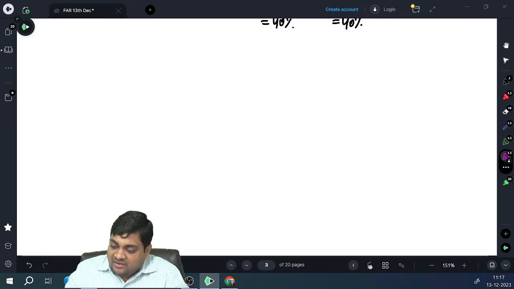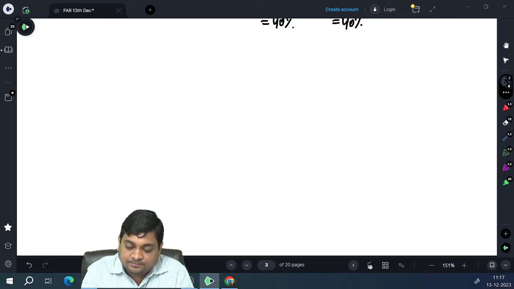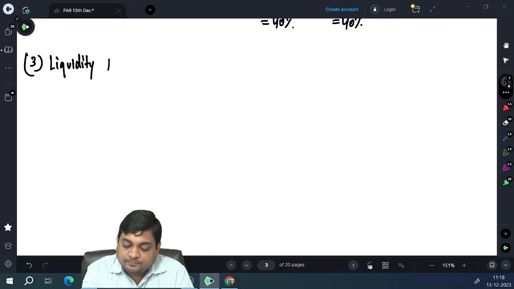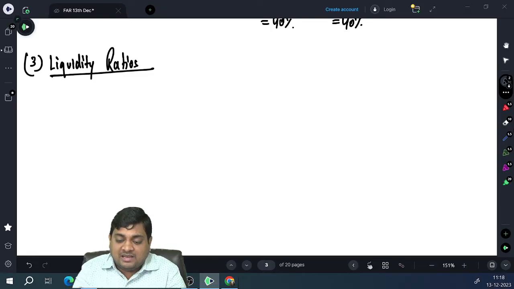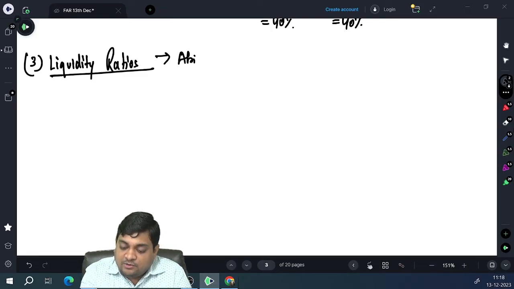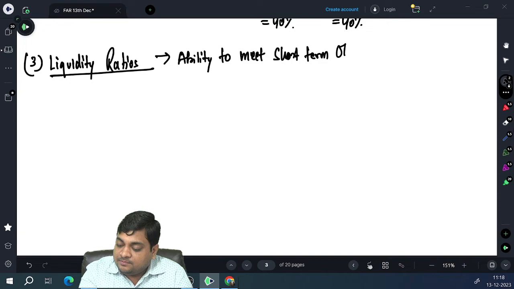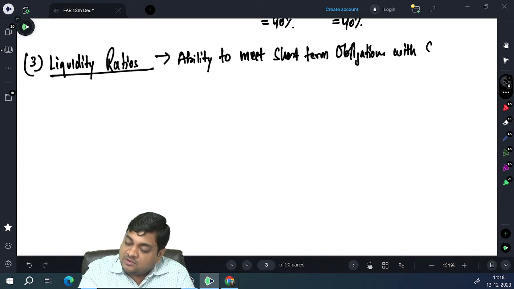Now let us talk about liquidity ratios. Basically, it checks whether I am able to meet my short-term obligations with short-term assets. So I've already told you, ability to meet short-term obligations with short-term assets.